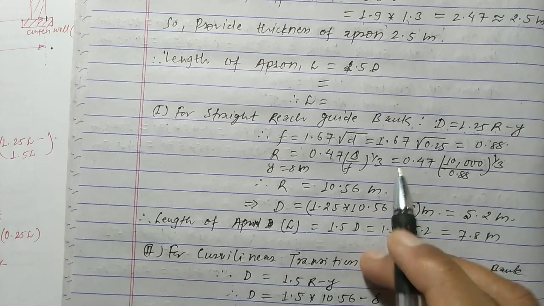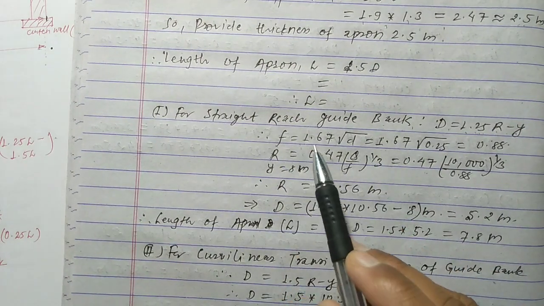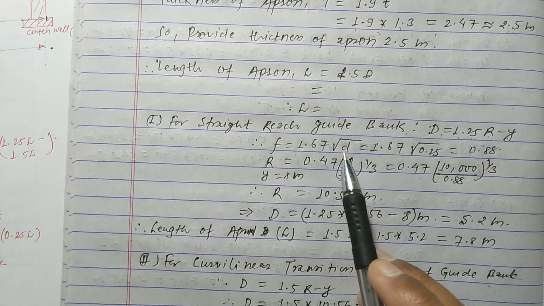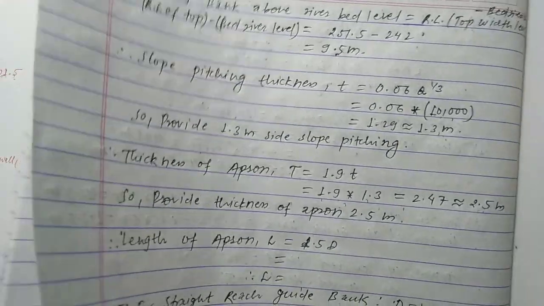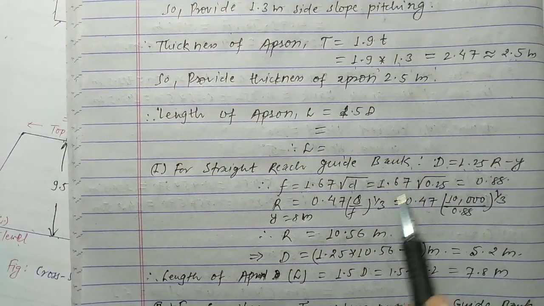Okay, and now we can calculate the value of f equal to 1.67 root under d. And what is d? d is the size of silt particle. Okay, and the size of silt particle in the given question is equal to 0.25 meter. So we just use this value, 0.25.